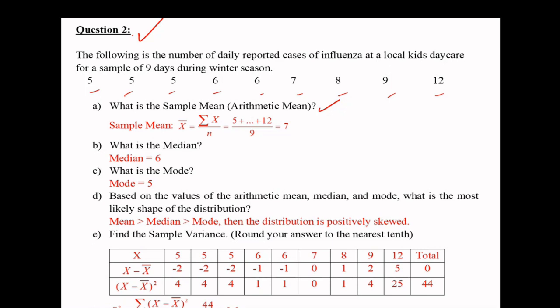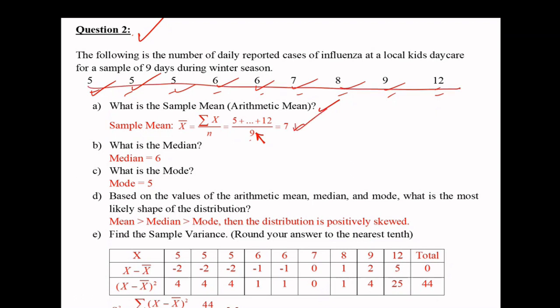For the sample mean, I add all the data together and divide by its number: 5 plus 5 plus 5 plus 6 plus and so on, divided by 9. The answer is 7. This is the sample mean.